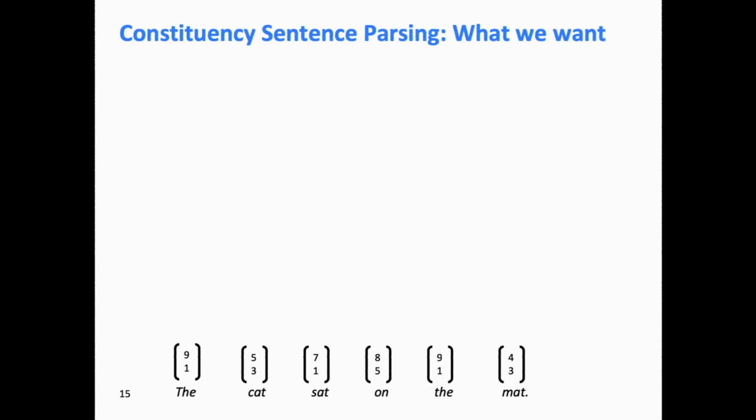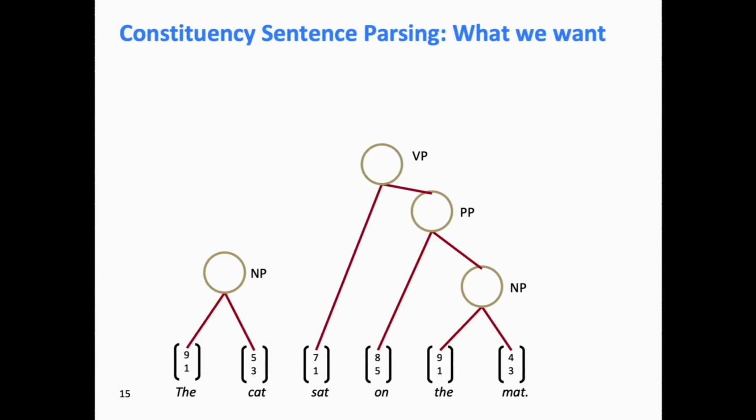We have parsing to do, working out the right structure of the sentence, and then we have meaning computation to do, working out the meaning representation of this sentence. So for parsing, we'd be building noun phrase, prepositional phrase, verb phrase, sentence kind of units to get the cat sat on the mat.